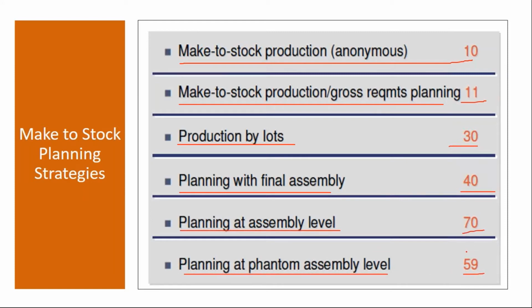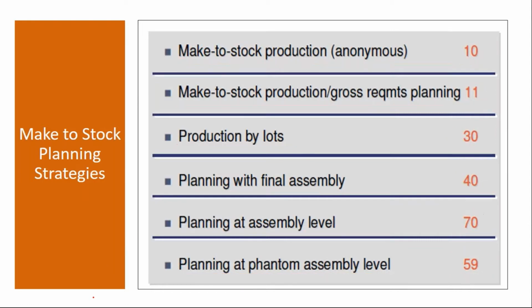These are some of the planning strategies in make to stock. All these are make to stock only, but they have some slight difference. We will understand that. Among these, we will be discussing in detail pure make to stock, 11 gross requirement planning, and 40 planning with final assembly, the most widely used. These are the ones we will discuss.